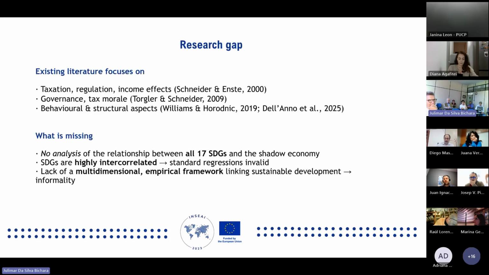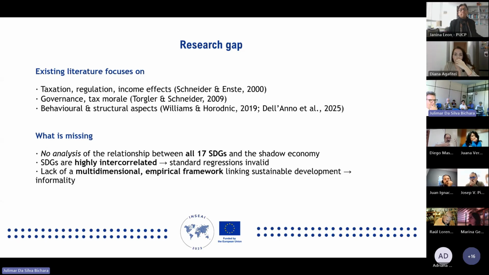In terms of research gap, in the existing literature, we have a lot of papers around taxation, regulation, income effects, with well-known authors such as Professor Schneider from Austria. We have behavioral and structural aspects, and here we can mention Professor Delano and Williams with Horodnic. We also have governance and tax morality, and here we have to mention Torgler.